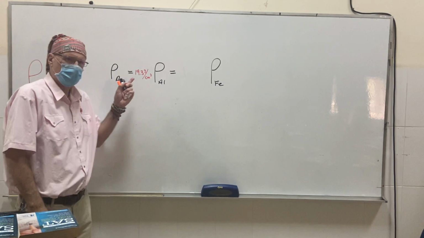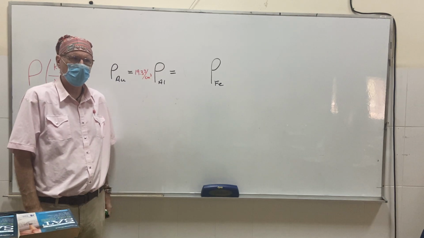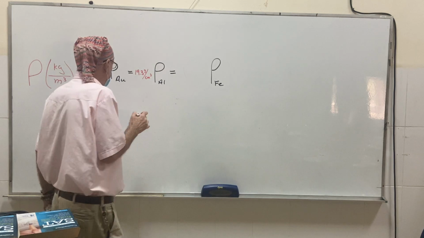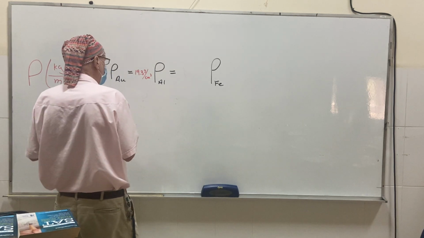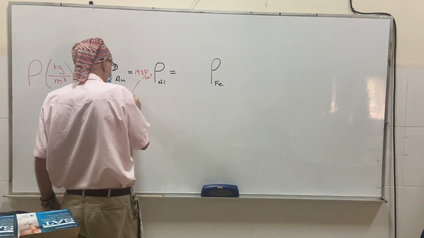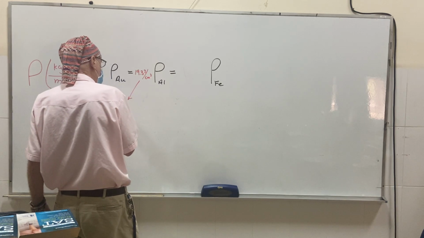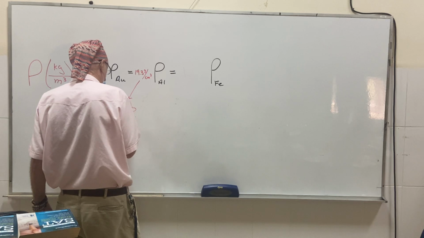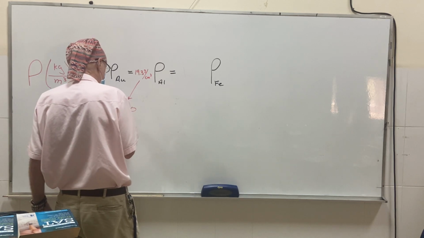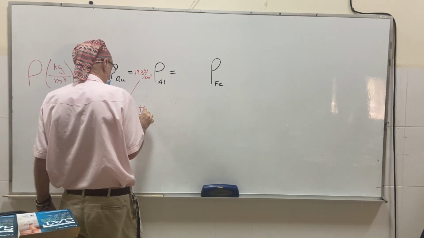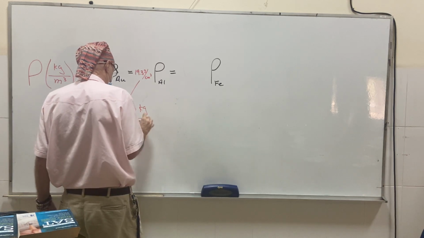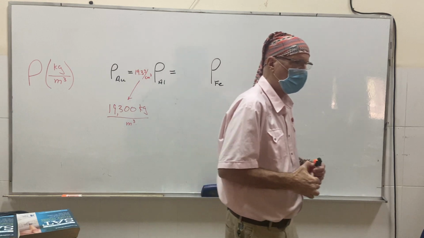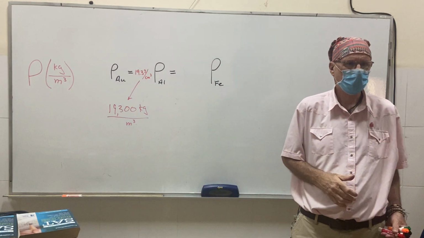What is it in terms of kilograms per cubic meter? I can tell you myself, I suppose. It's going to be 19300, correct? Kilograms per cubic meter. Right? Okay.